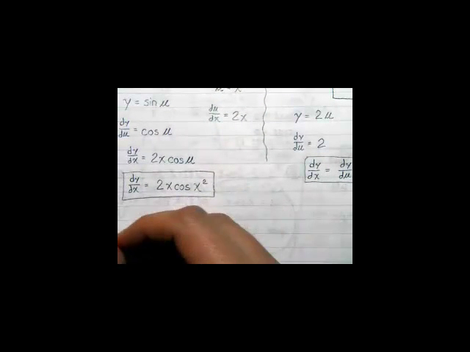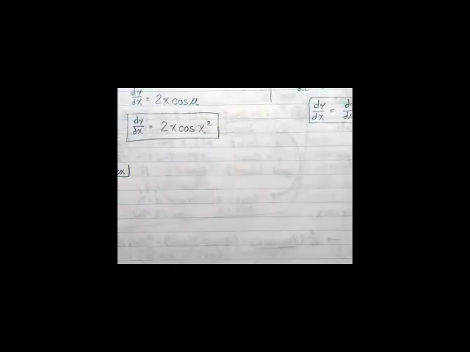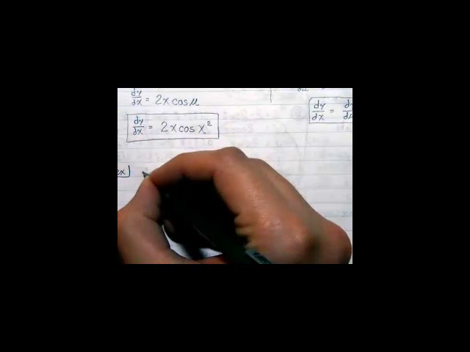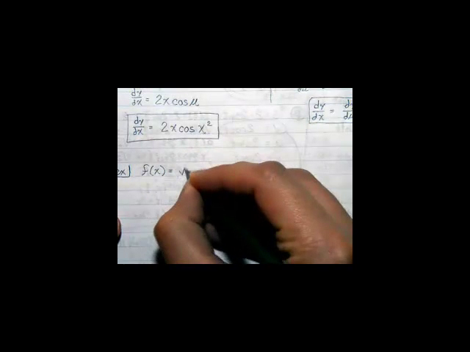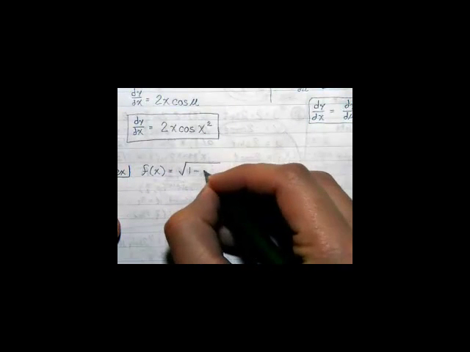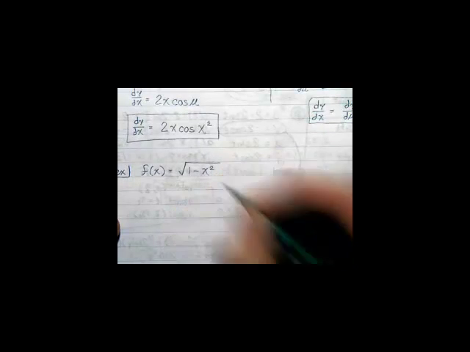All right, give you a few more to take a look at here. You'll practice this just a little bit more. So let's do square root of 1 minus x squared.